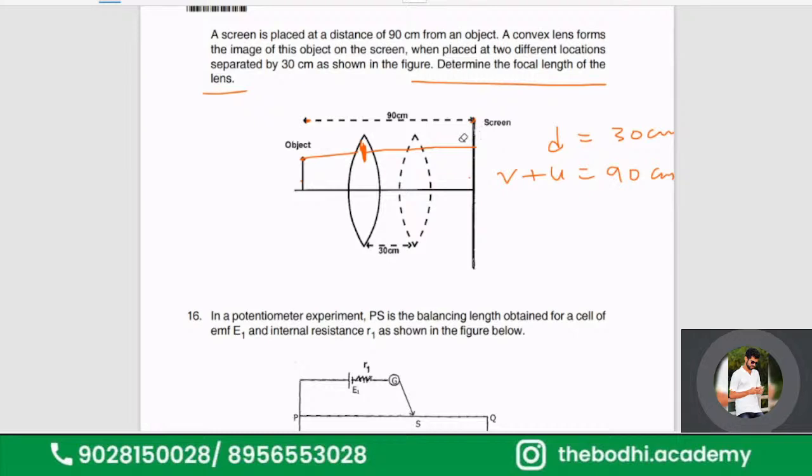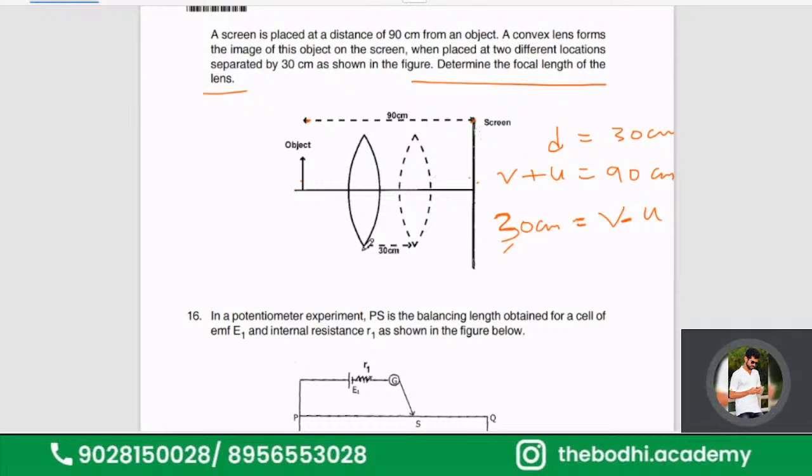In simple words, 30 centimeters is equal to v, the image which is forming, minus the object distance, right? Making sense?